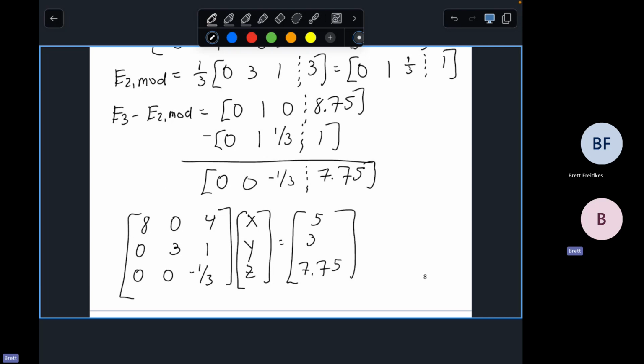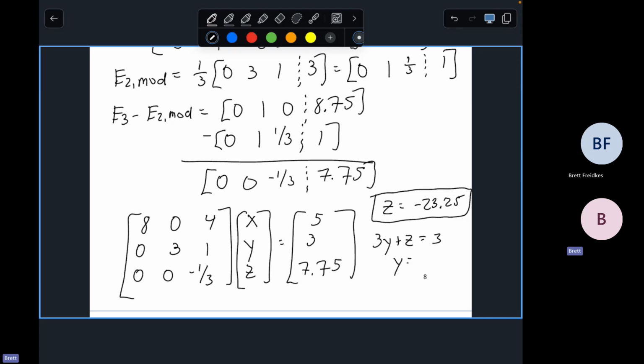What do we get for z? So 7.75 times -3, -21 or 22.5 or something. That's 23.25. Thank you. We get y by writing 3y plus z is equal to 3.